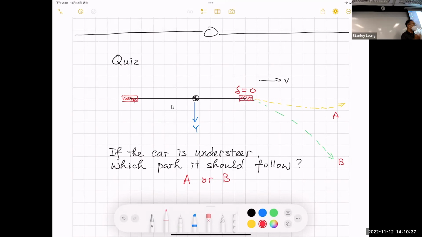Who thinks A? Raise up your hand. 1, 2, 3, 4. Who thinks B? So the rest of you are B. Who are not sure? Okay, no change. B is correct.